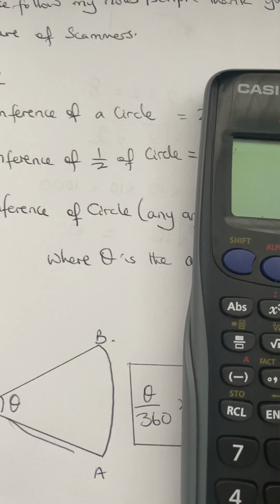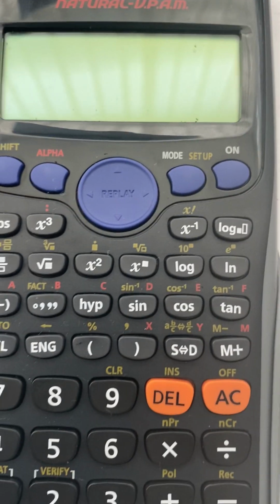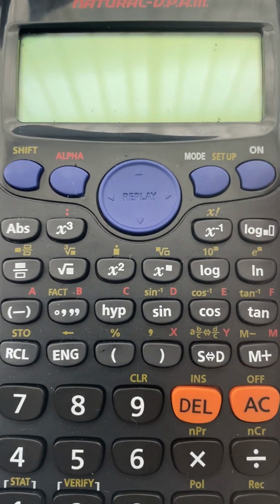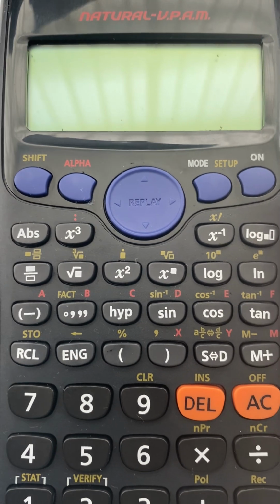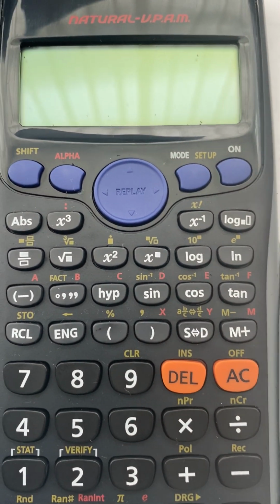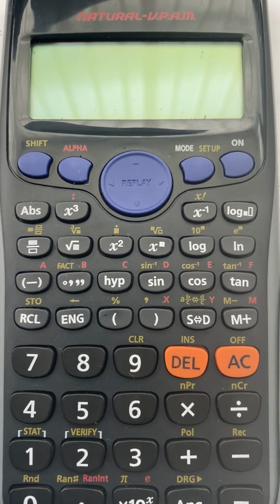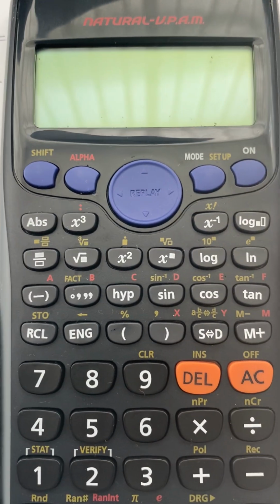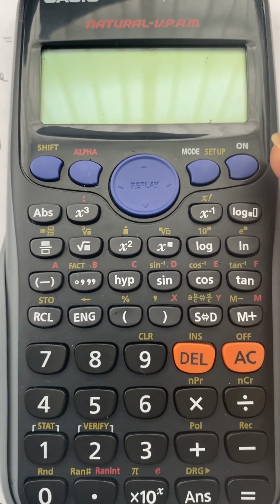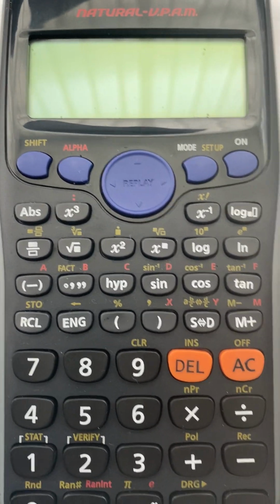I showed you on the calculator where pi is, and I'm quickly going to show you again. This is my calculator, and I've used it for so many years. There might be a newer one, but this is approved for GCSE exams, because you will not be allowed your phone calculator.